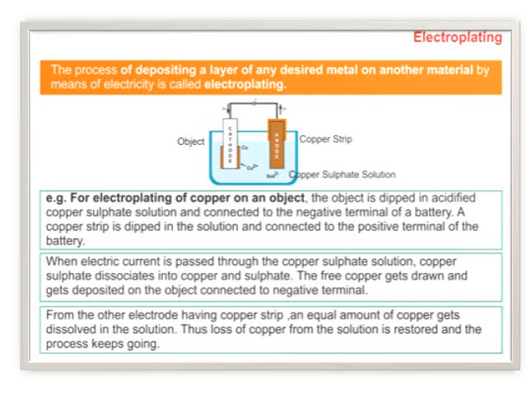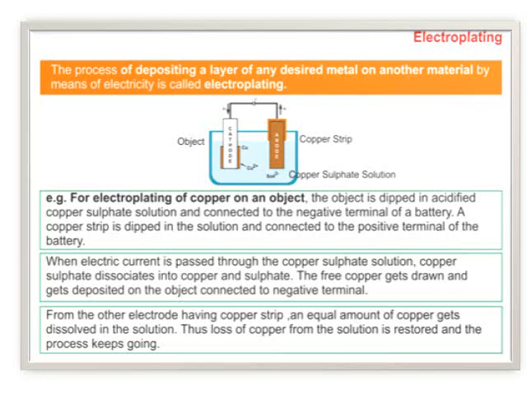For example, for electroplating of copper on an object, the object is dipped in acidified copper sulfate solution and connected to the negative terminal of a battery. A copper strip is dipped in the solution and connected to the positive terminal of the battery.